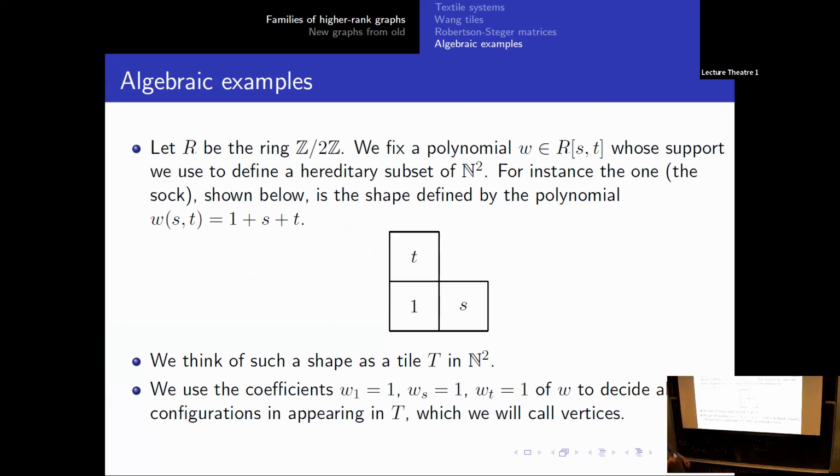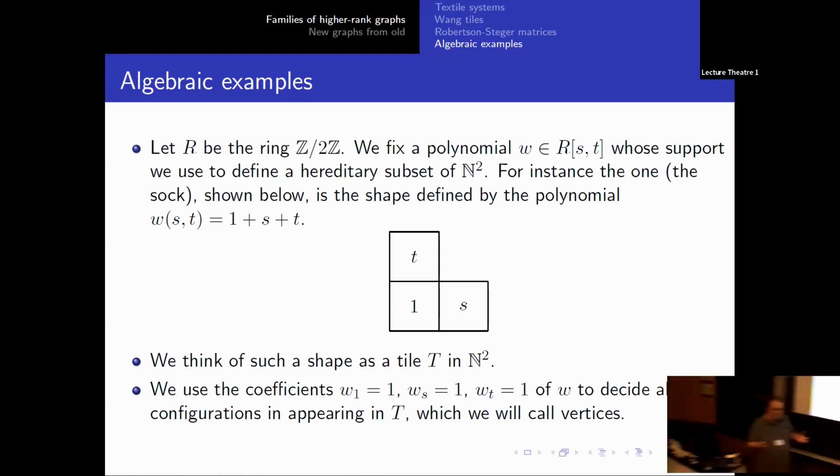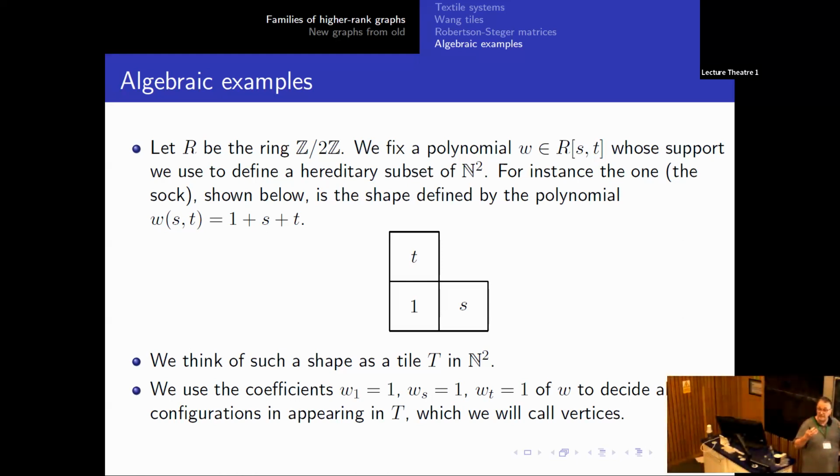But from my point of view, these were examples of two-dimensional shifts that my supervisor studied, because two-dimensional shifts suffer from a problem of knowing whether such a shift exists. It's a major problem. So what you do is you study ways of making darn sure that your shift space has got points in it. And so this was one of the ways of doing that.